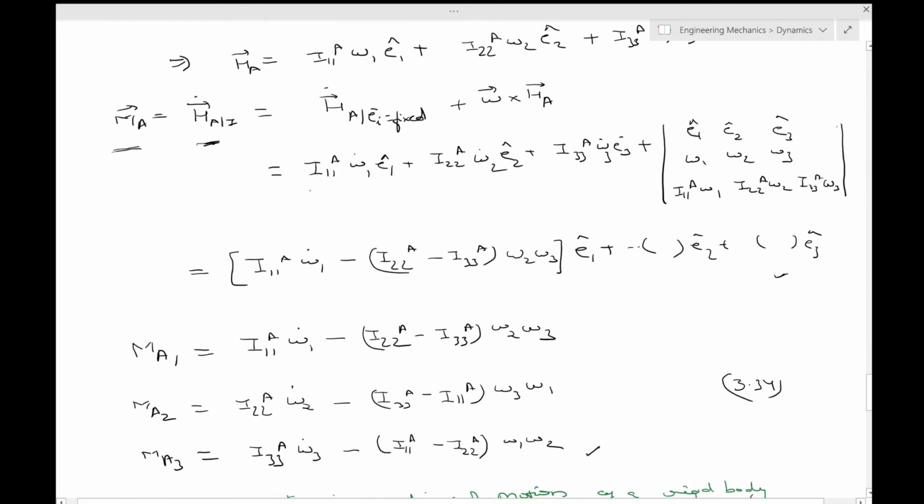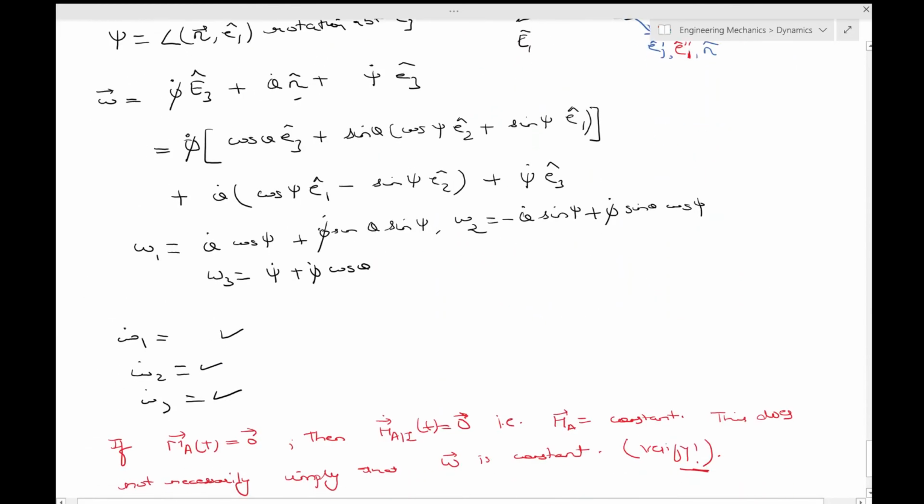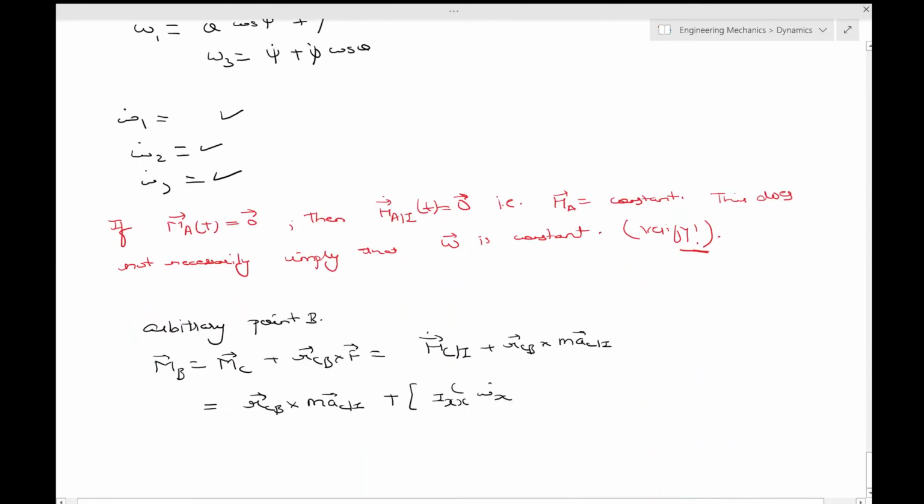So 1 is x, 2 is y, and 3 is z. So this is IXX of C omega x dot minus IYY of C minus IZZ of C omega y omega z I hat.